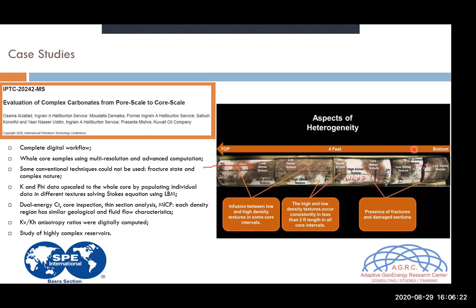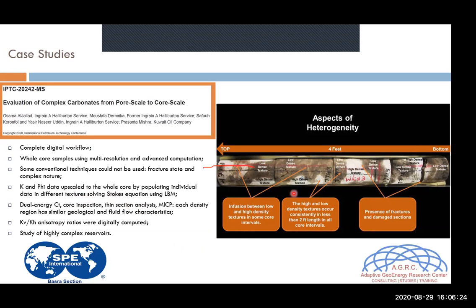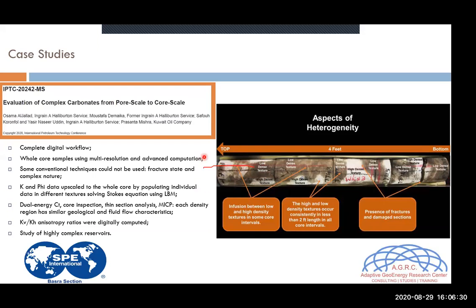So just to start, you can see here that we have a whole core. Some low density and high density textures were identified. Take a look at the photo, at the core itself. Over 4 feet here, there is the presence of fractures. It's interesting.